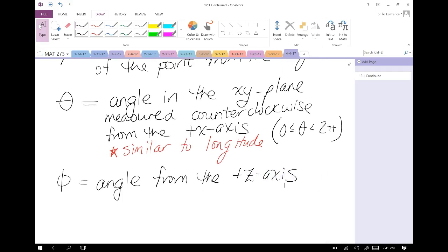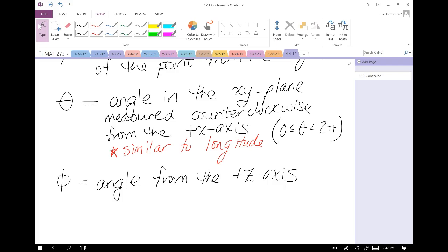And we only need to allow phi to range from 0 to pi. There's no reason to ever go past the negative z-axis because that's only going to take us around to the other side of the graph. If we need to go around to the other side of the graph, we'll use theta to take us around, because theta is the one that can go all the way around.